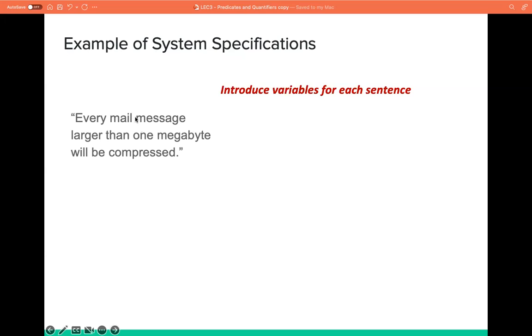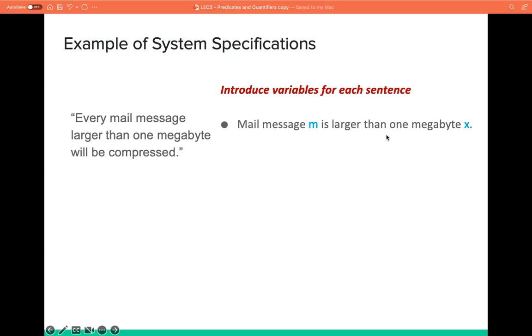Now let us focus on this statement: every mail message larger than 1 MB will be compressed. As seen in the previous slide, we have identified the individual predicates. Now we will introduce variables for each sentence. Let us identify the subjects. We have the mail message as well as the 1 MB, so we have variables for each of these subjects.